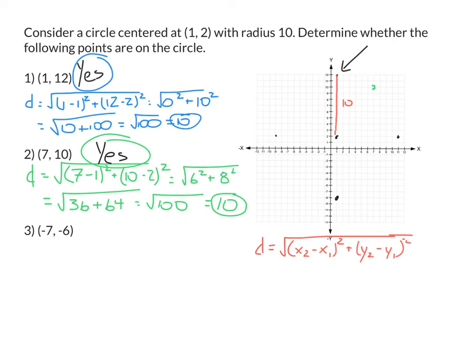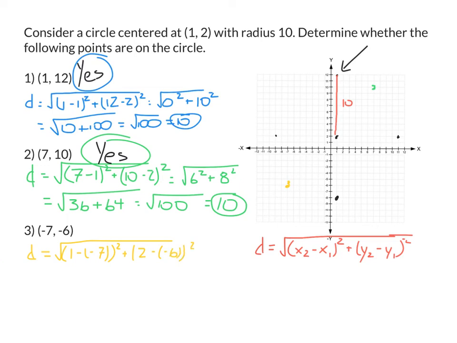All right, we have one more to try here. It's (-7, -6). (-7, -6) puts me right here. There we go. Again, plausible for it to be on the circle. So let's see. We check our distance. We subtract our x's, 1 minus negative 7, squared, plus 2 minus negative 6 when we subtract our y's.